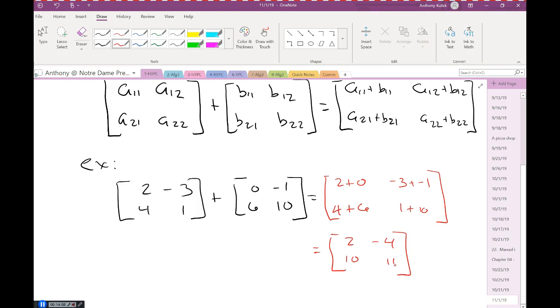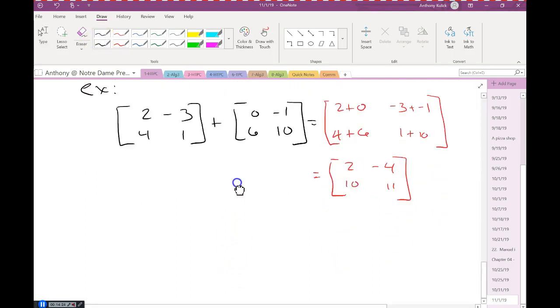So this is also pretty easy, right? This works exactly like we'd hope it to work, right? You just basically add the corresponding parts together and that's it. Everybody okay with that idea? Let's do one other example here.